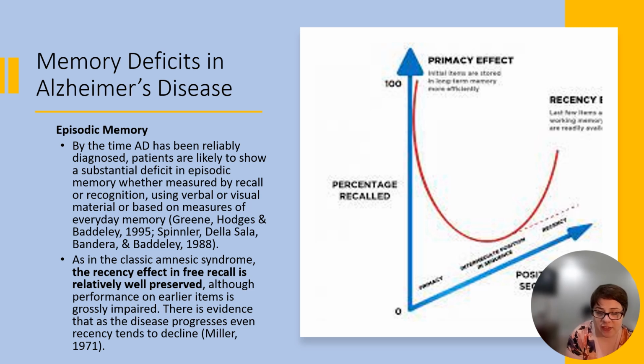One of the interesting things that we see in Alzheimer's disease, which we also see in the amnesic syndromes, such as those that affected Henry Molaison or HM, for example, is that by the time Alzheimer's disease is diagnosed, patients are likely to show a substantial effect in episodic memory, whether measured by recall or recognition, whether we use verbal or visual material, or even real-world examples of memory processes.